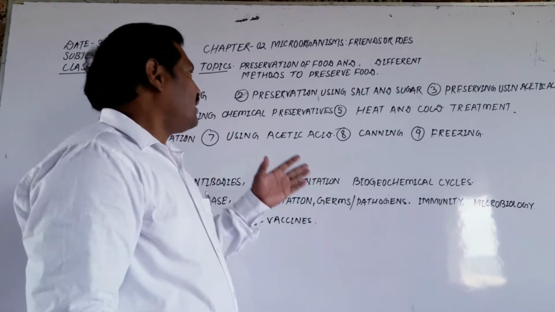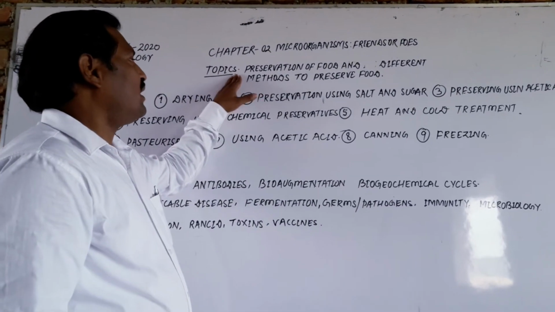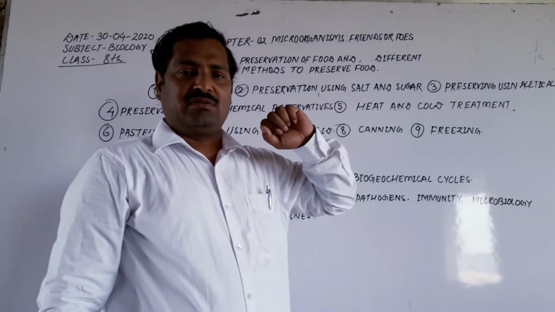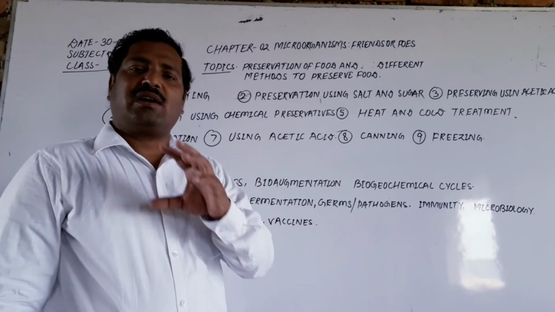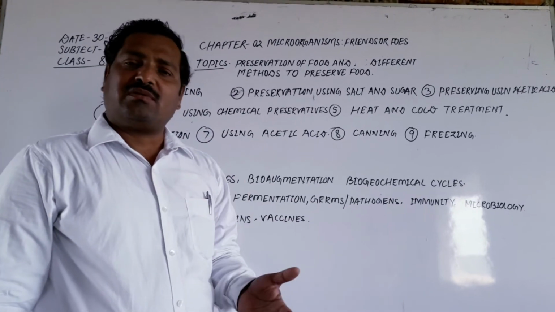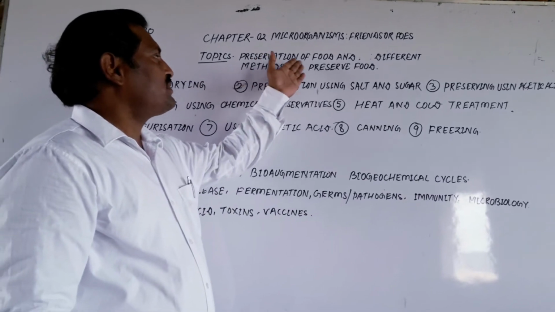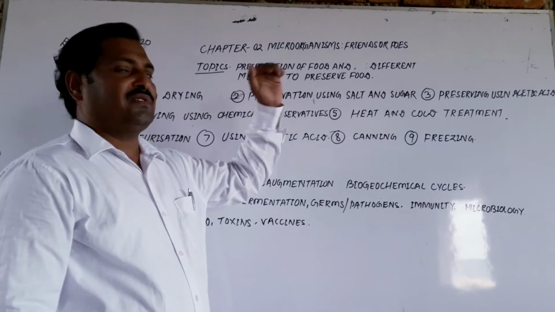So first, today's topic is the preservation of food. Our food is also badly affected by bacteria, viruses, protozoa and fungi. So how are foods preserved and what is the preservation of food?